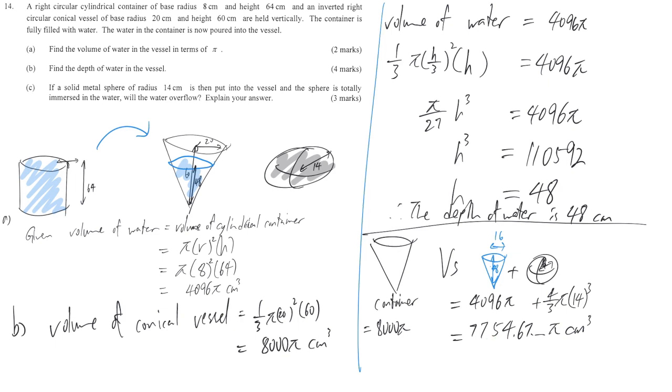This is less than 8,000 pi. Therefore, it will not overflow. In reverse, if you find out that we need more space, more than 8,000 pi, then you will say that the water will overflow. In this case, it will not overflow.